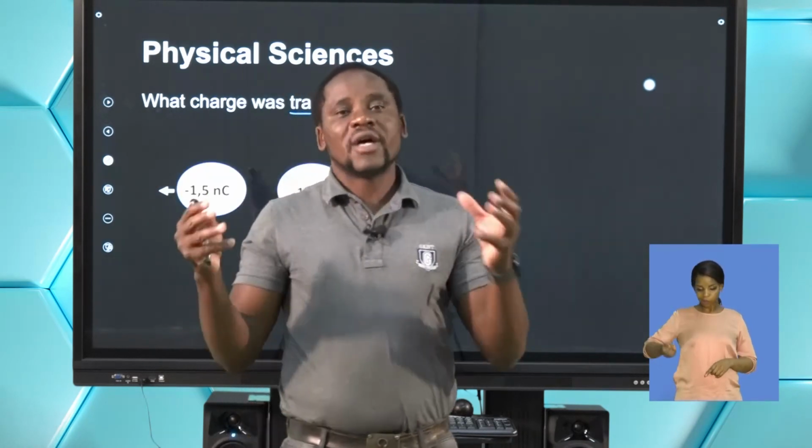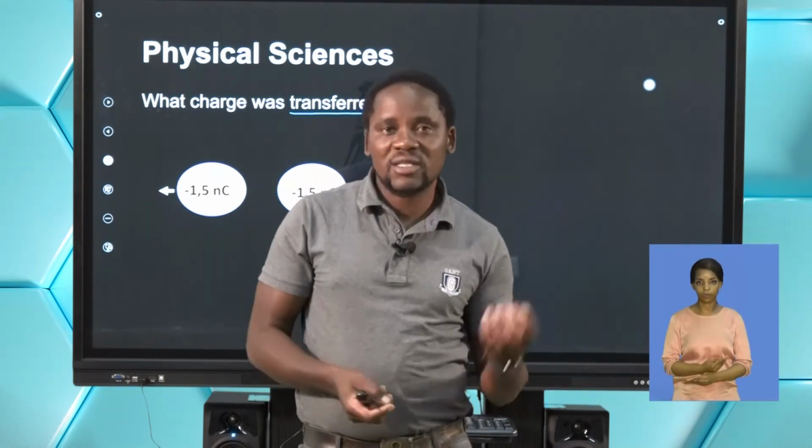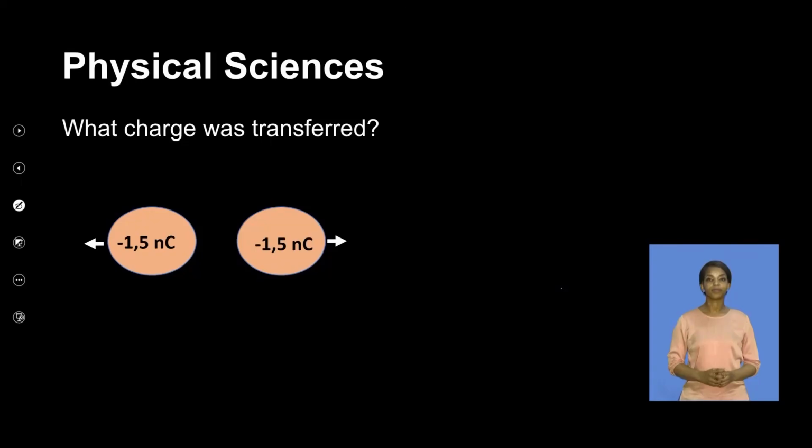That is also equal to the number of electrons transferred between these two materials, Q1 and Q2. The follow-up question says, what charge was transferred? The transfer obviously occurred between Q1 and Q2.